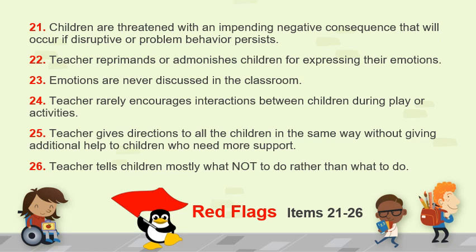Teacher rarely encourages interactions between children during play or activities. 25. Teacher gives directions to all the children in the same way without giving additional help to children who need more support. 26. Teacher tells children mostly what not to do rather than what to do.